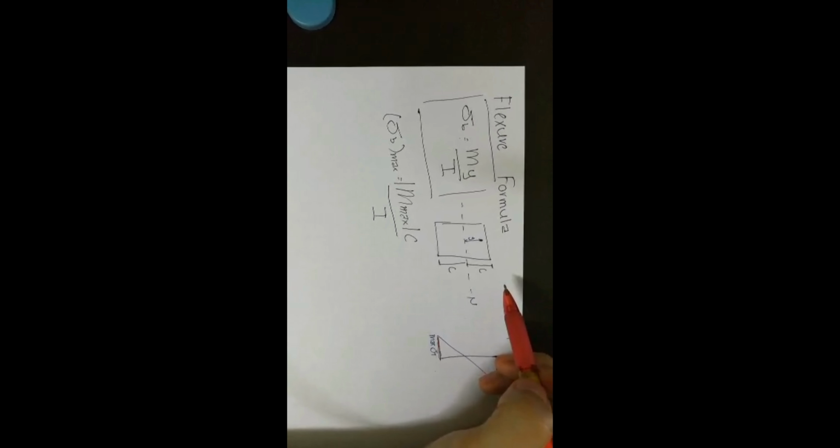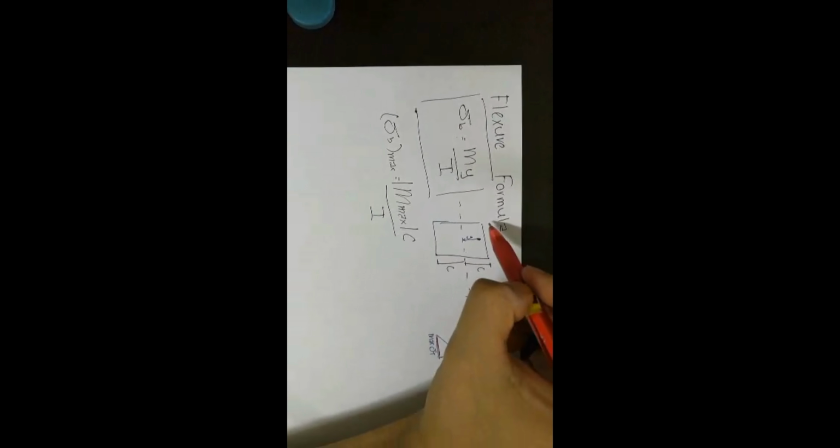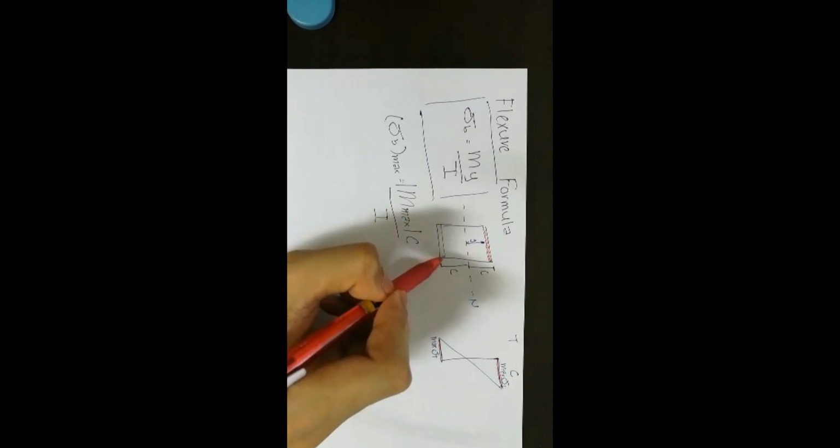So we can transfer it into the beam. So the places that are actually the most stressful are up here and also the lower part of the beam. So these two are the most stressful places, very much used inside the beam.